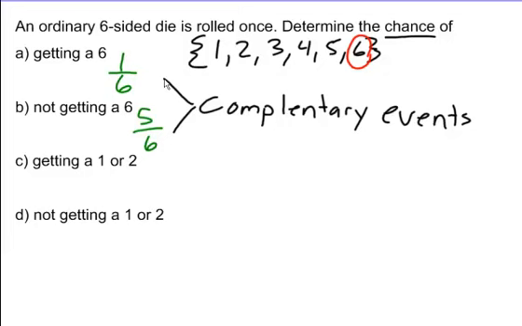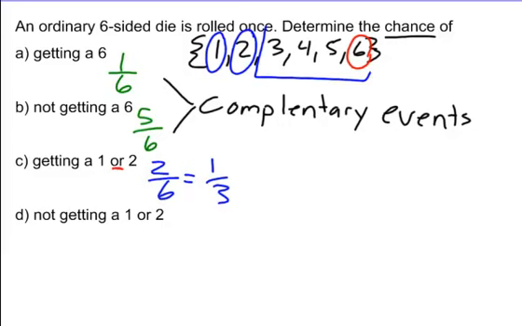What are the chances I get a 1 or a 2? Or means either one could happen. So there's my 1, there's my 2. So I have a 2 out of 6 chance, or a 1/3 chance, of this happening. Now, what are my chances of not getting a 1 or 2?